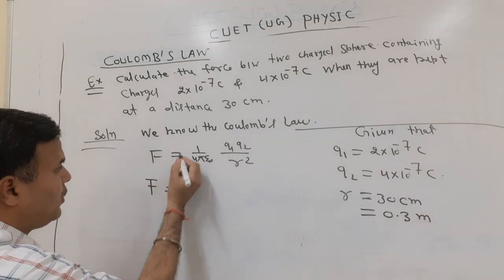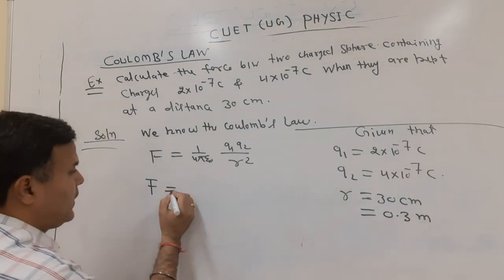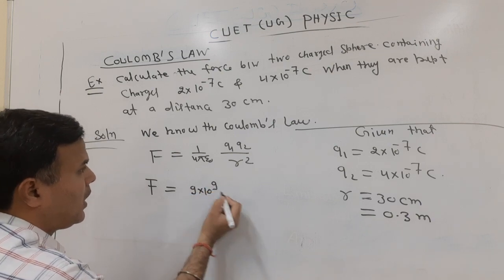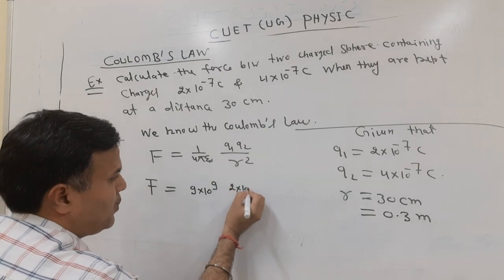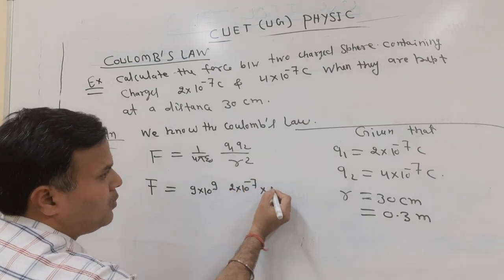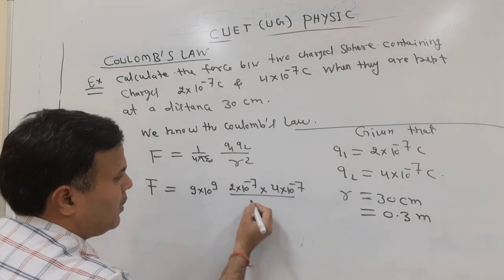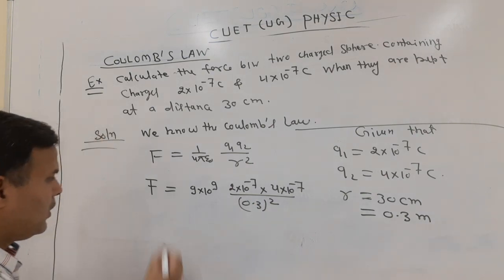With the help of Coulomb's law, we can evaluate the force between two charged spheres. Its value is 9 into 10 to the power 9, times 2 into 10 to the power minus 7, times 4 into 10 to the power minus 7 Coulomb, divided by 0.3 meter square.